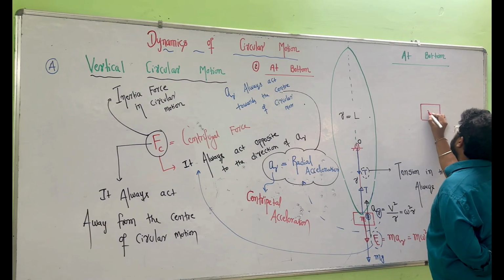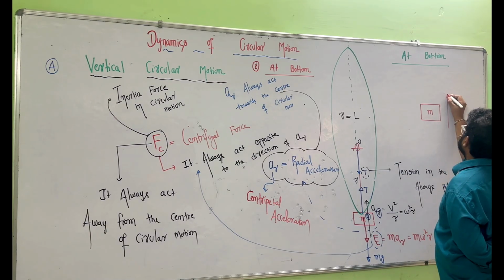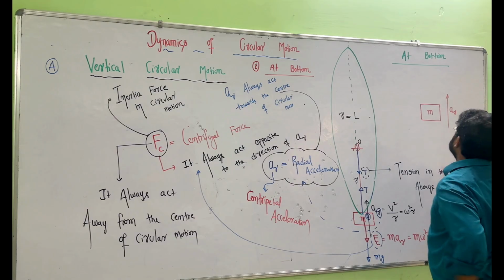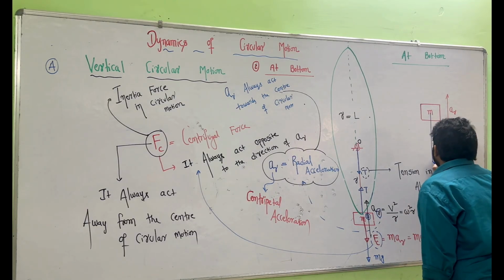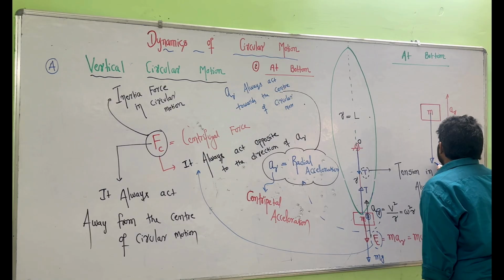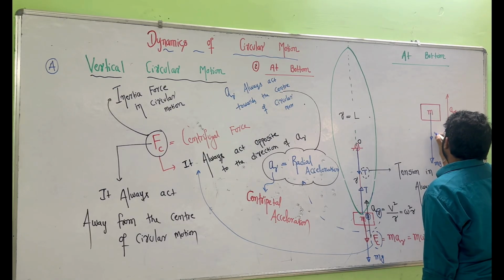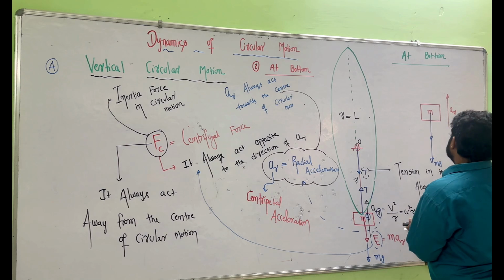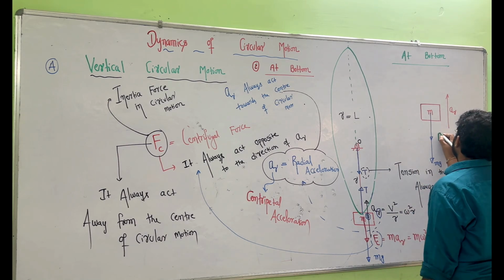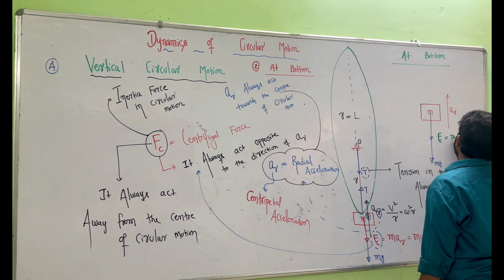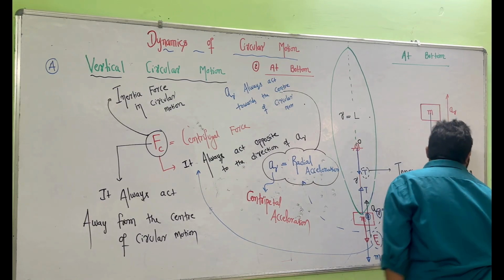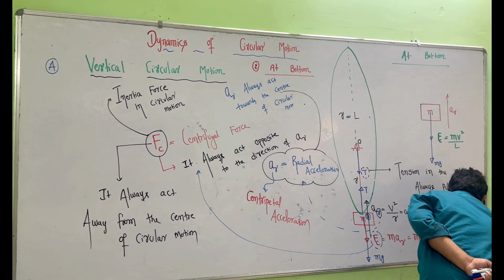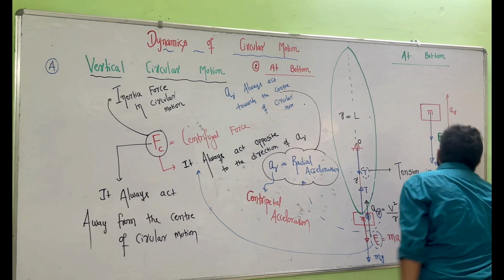Free body diagram for the element mass: radial acceleration towards the center of circular motion, weight always acts vertically downward, centrifugal force Fc equals m into v square by L, where R equals the length of the string.